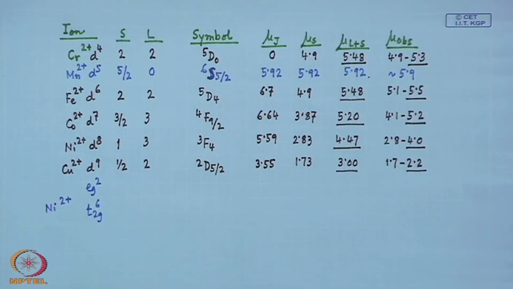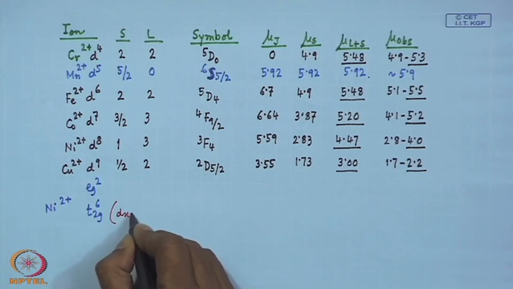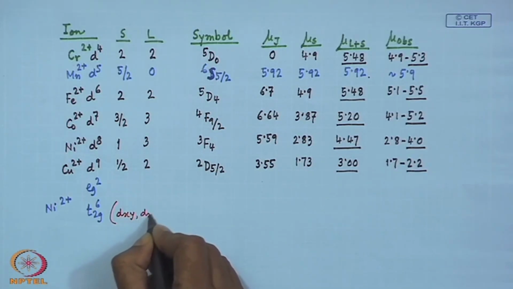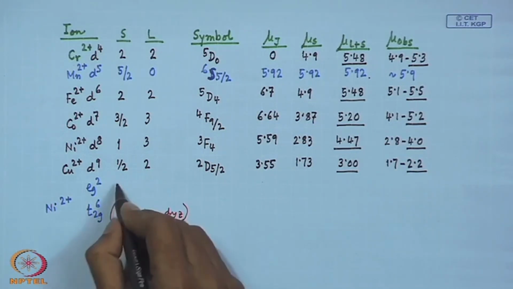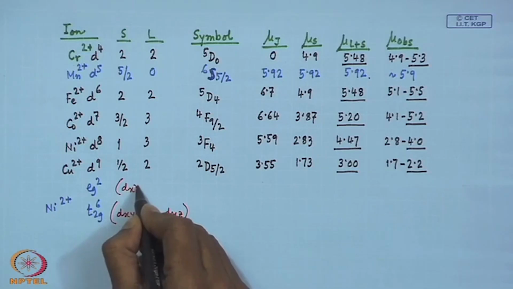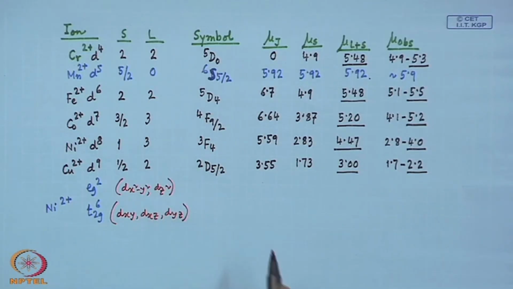So, what we will be seeing there is that we have several of these levels, the t2g levels we all know, dxy, dxz and dyz, and these are dx square minus y square and dz square.